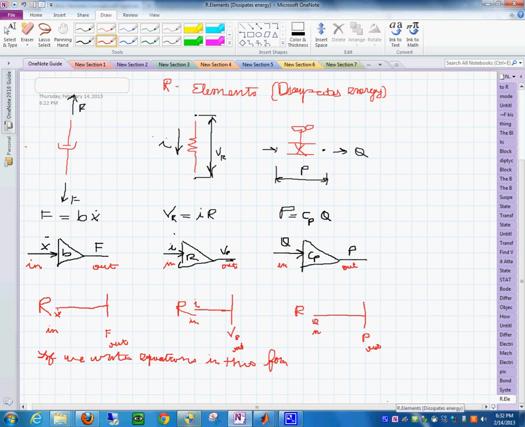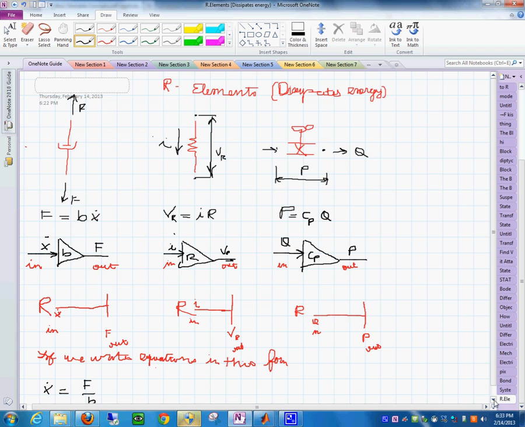So in here we say, okay, we want to write it, for example in this case, let's say x dot equal to f over b. Yeah.